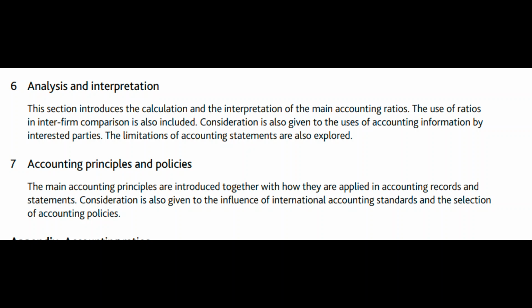Section 7 is about basic accounting principles and policies and their application. This is probably the easiest section as the terms used here are repeated throughout and it deals with just the basic knowledge and theory of these concepts.